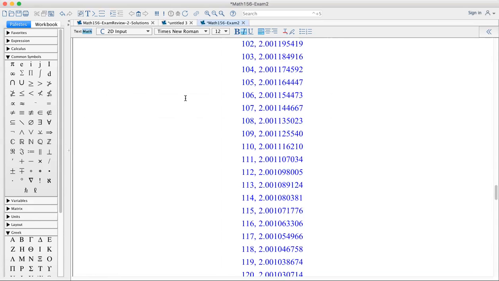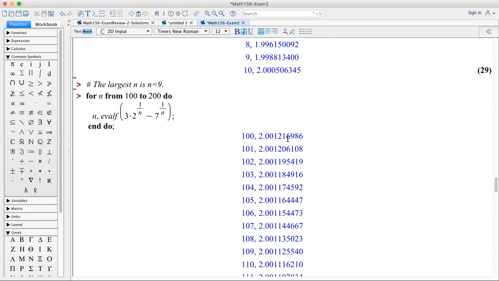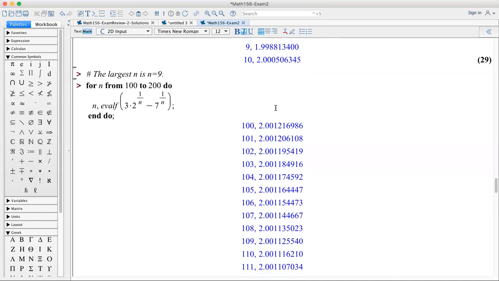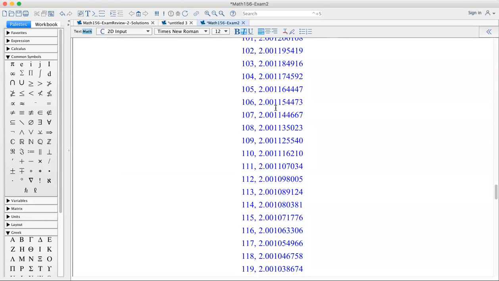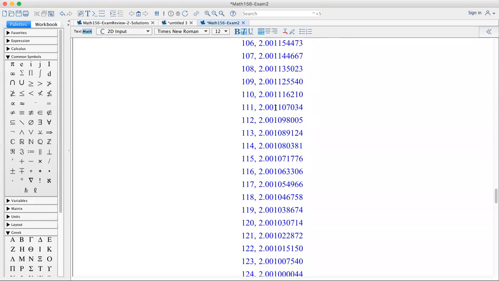Maple can do it very quickly. These numbers are decreasing, and I should have said I want to find the smallest n, once it gets over 10, for which you get a number less than 2.003.